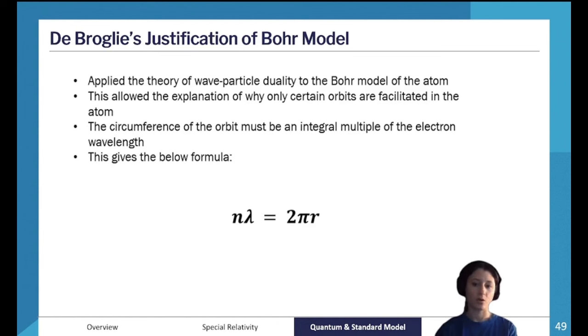Now let's get on to de Broglie's justification of the Bohr model. So, de Broglie applied the theory of wave-particle duality to the Bohr model of the atom, and basically what he showed is that the rotational velocity of the electron was quantized.